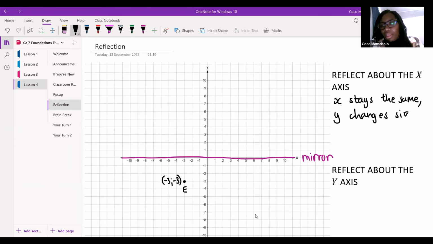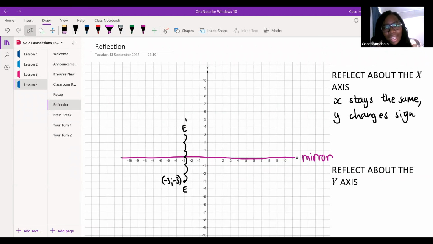Okay. So now, if I move from here to my mirror, I need to count 1, 2, 3. That means on the other side of my mirror, I need to count 3. So I'm going to go 1, 2, 3. There is E prime. Well done, Master Chaba, for writing it correctly. Mivuyo and Master Chaba, well done.